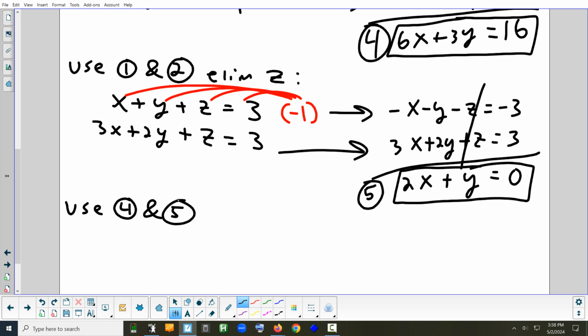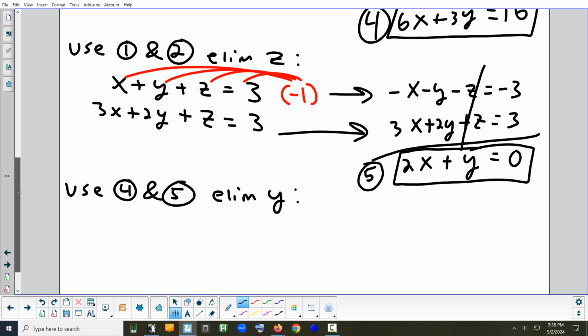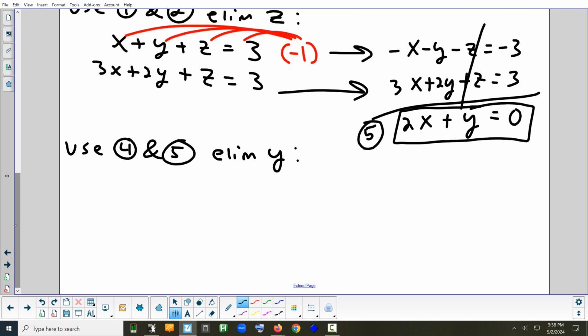What letter do you want to try to eliminate with equations 4 and 5? Y. Okay, so we're going to use 4 and 5 to eliminate y. So 6x plus 3y equals 16, and 2x plus y equals 0. How would you eliminate y?